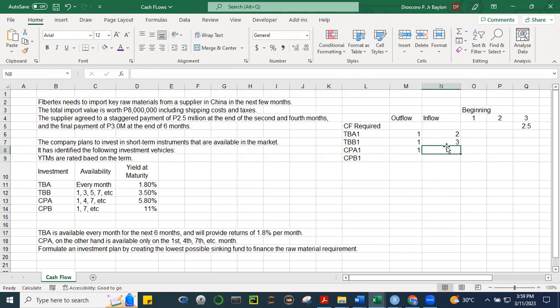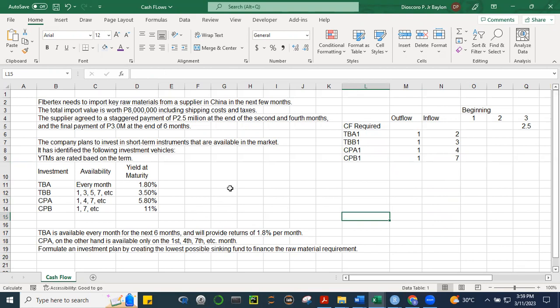And when will be the inflow? 4. Right? So this will be 3 months. And then for CPB 1, we will invest it on month 1, and then it will mature on month 7 because this is every 6 months. All right?